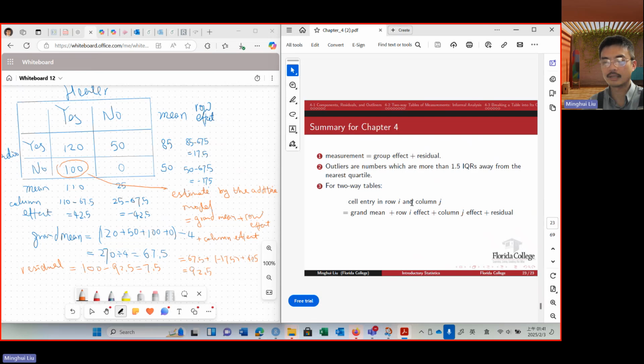Without the residual, we only get an estimate of the cell entry if the model is perfect. And here, the residual from the additive model for the two-way table measures the error and also the interactions between the rows and the columns.